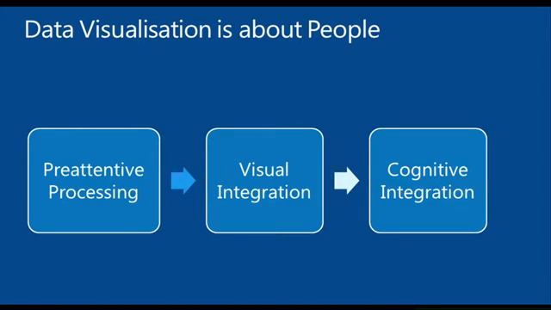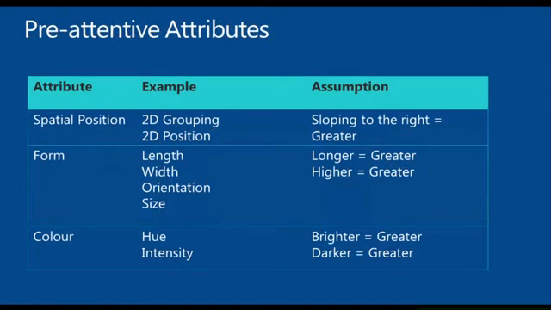And the same happens with reports as well. We have to try and make them as simple as possible so we don't distract people with lots of jingly-jangly things. Okay, so a quick summary of pre-attentive attributes. We tend to look at things in terms of the spatial position. So we tend to assume in visual processing that things higher up are greater in value, and things that slope to the right are also greater in value.